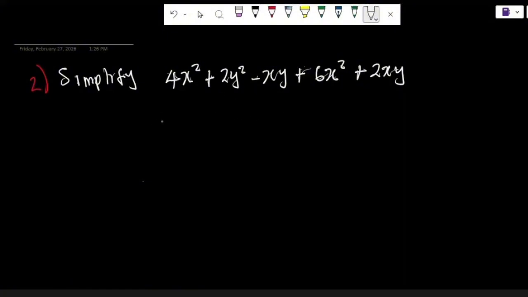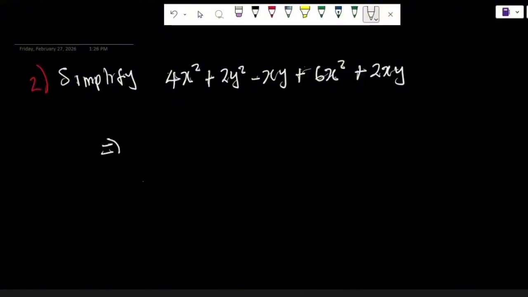And when you analyze it, you're going to realize that there are terms here that are alike. For example, 4x squared is similar to 6x squared. So these two can be paired. And you have negative xy, which can be paired with positive 2xy. Except 2y squared, because it doesn't have a pair.